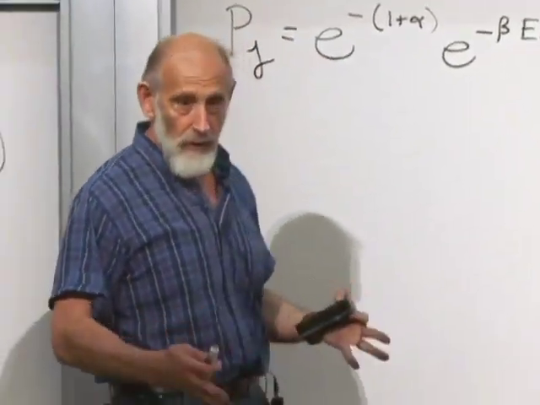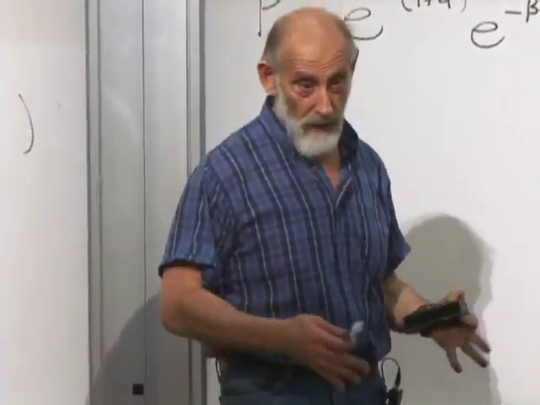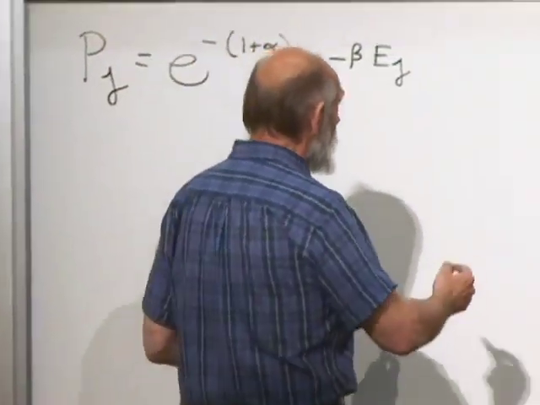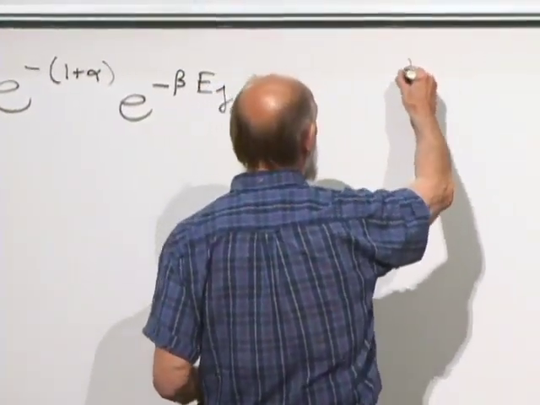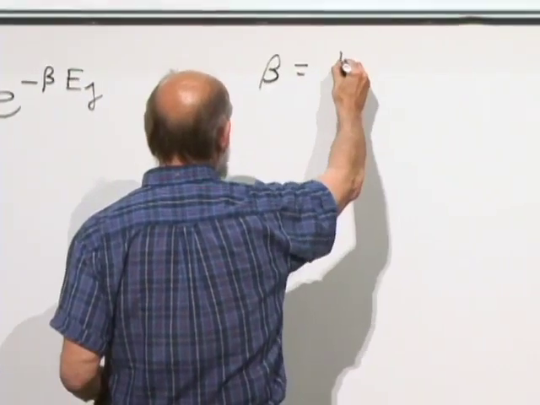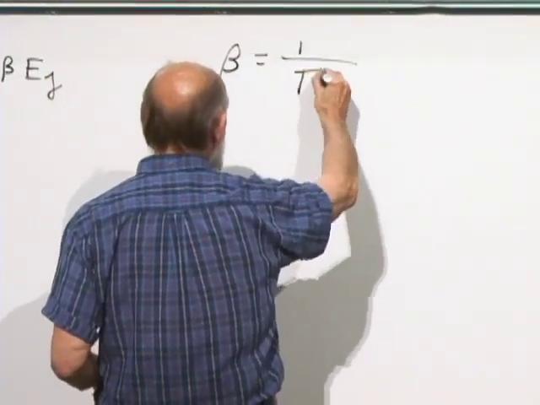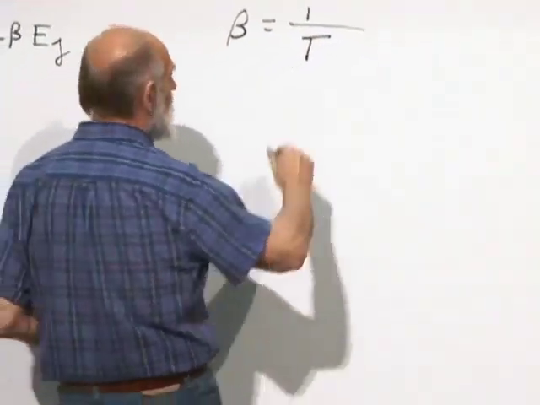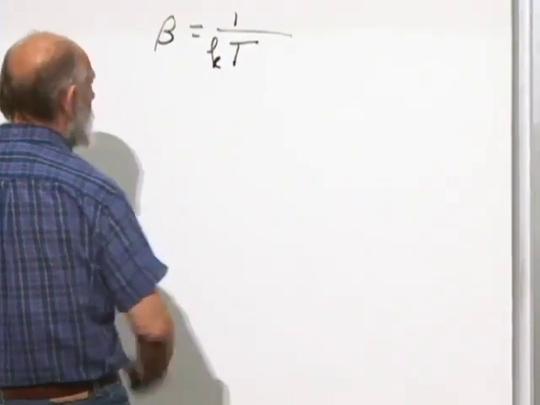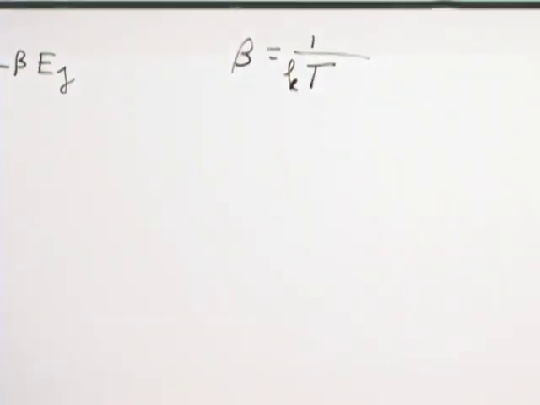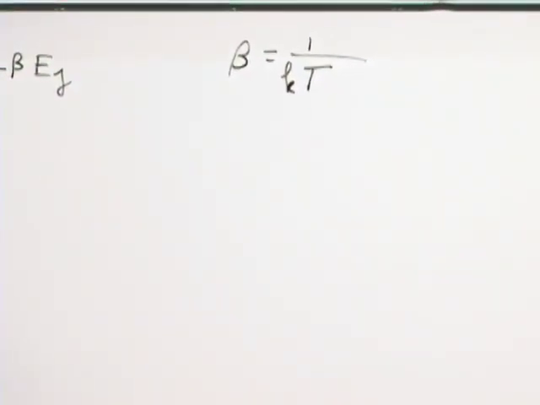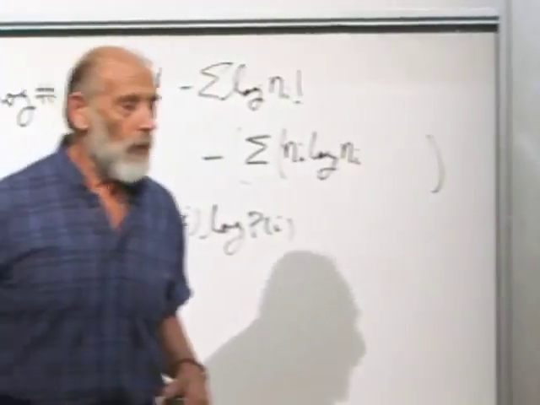We're going to figure out soon enough what beta is. I'll tell you right now what beta is. Beta is 1 over the temperature. Or if I include Boltzmann's constant, it's 1 over k times the temperature. In most places, when I write 1 over temperature, I really mean 1 over kT.